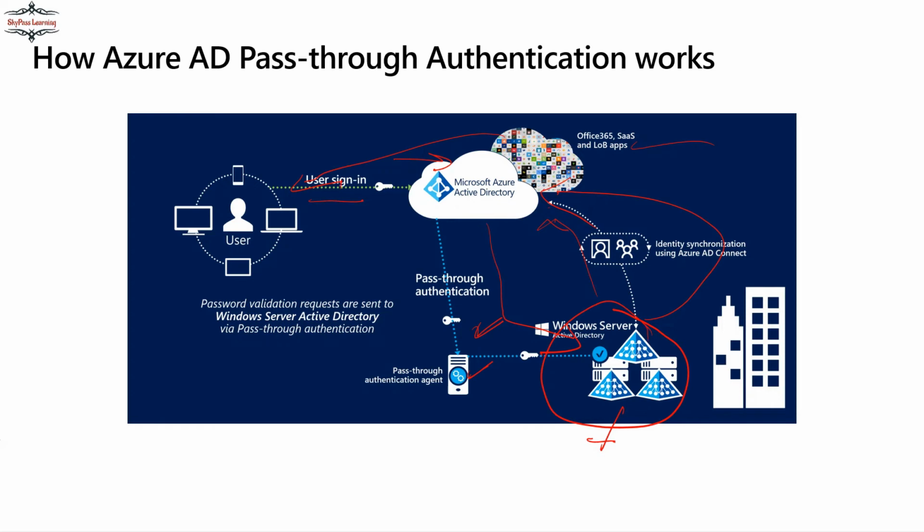It will still remain on-prem, and the authentication request will always come to on-premises. And nowadays, if you have a hybrid environment, this is one of the most popular methodologies being used by various organizations as well.